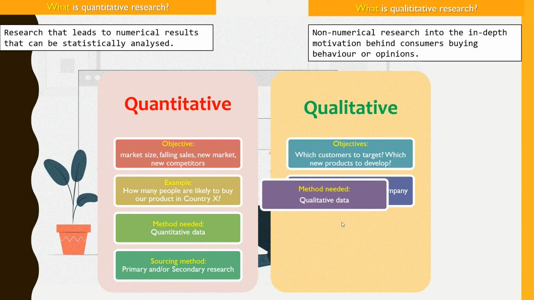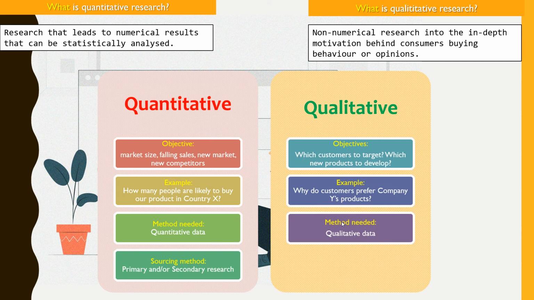We will look at qualitative information, because if you ask why a person would like to buy something, you would not get numbers. You would get responses like the quality of the product or the packaging. So that is quantitative versus qualitative information.